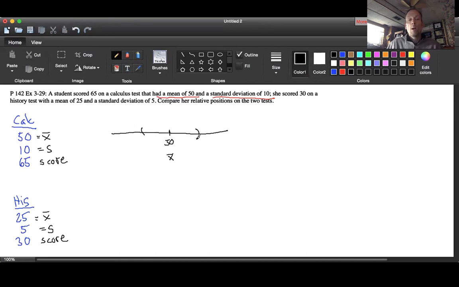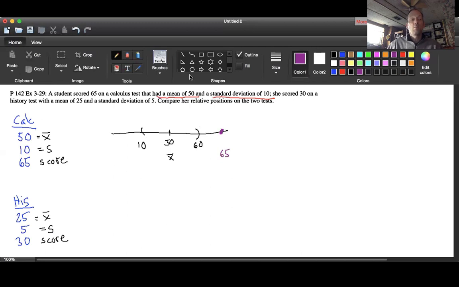I'm going to go above and below the 50 by a distance of 1 standard deviation on each side. A standard deviation is 10, so that means I'm going to go up to 60, and I'm going to go down to 40. Now I have a range of 1 standard deviation around the mean. Now I'm also going to mark their score on here. Their score was a 65. So I'm going to pencil in their score right there.